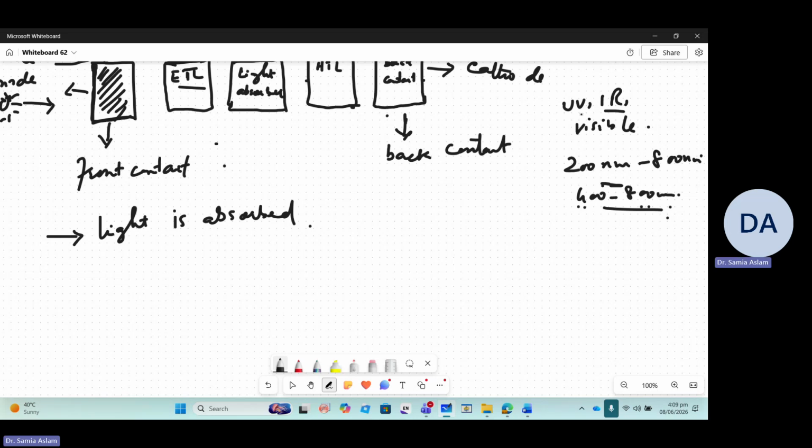IR is lower energy, UV is very high energy, and visible is moderate energy. So this light absorber is designed either to absorb the IR region or the visible region of the solar spectrum. IR is 45% of the total spectrum, and it represents very low energy, corresponding to the heat or warmth of the sunlight, whereas the visible region carries all 7 colors, with the peak wavelength at an orange color around 579 nanometer, which is the color of the sunlight, and it is moderate energy.